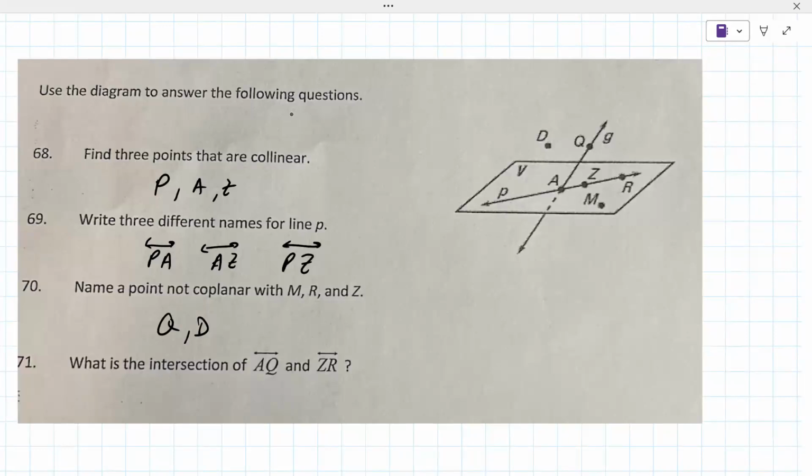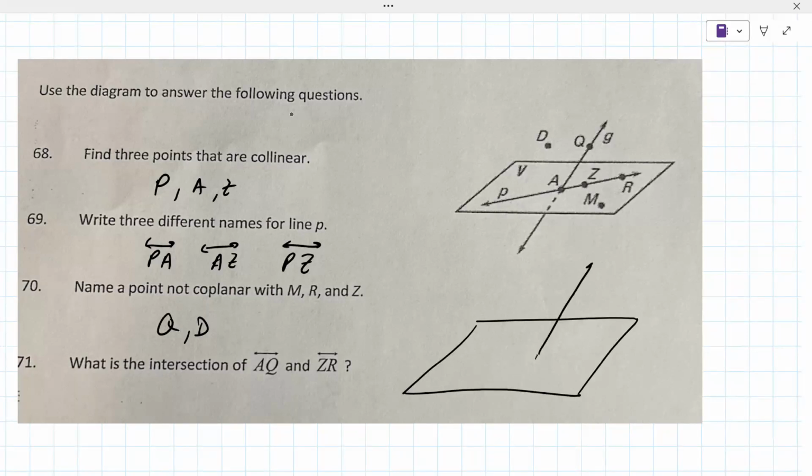All right, what is the intersection of AQ and ZR? I think the picture's messed up. Wait, is the intersection of AQ. Sometimes there's just a lot of distracting stuff on there.